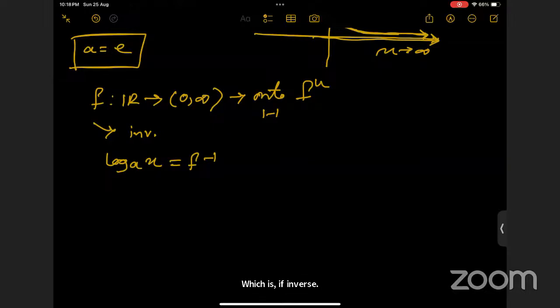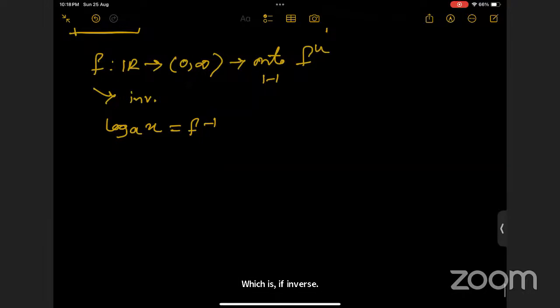Immediately after this line, what can we say about the domain and codomain of the logarithmic function? Ma'am, its range is R and its domain is 0 to infinity. Yes, very good.